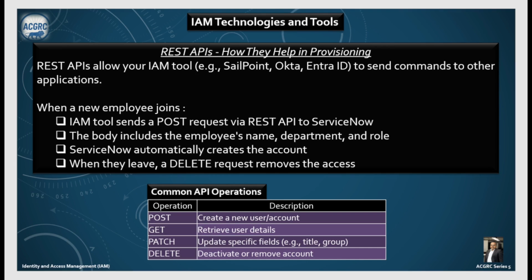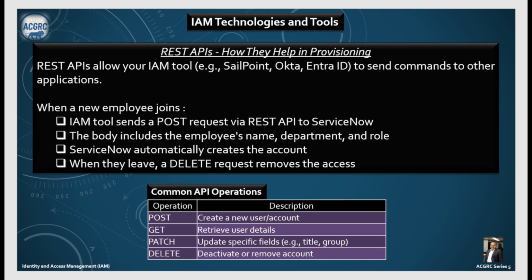Now let's look at how REST APIs help provisioning. REST APIs allow your IAM tool, whether it is SailPoint, Okta or Entra ID, to send commands to another application. When a new employee joins, the IAM tool sends a POST request via REST API to ServiceNow.